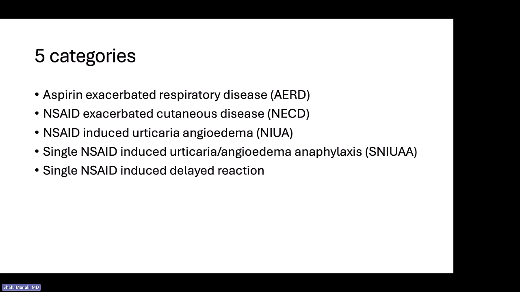The biggest one, of course, is aspirin-exacerbated respiratory disease, but other ones to note: NSAID-exacerbated cutaneous disease, NSAID-induced urticaria, angioedema, single NSAID-induced urticaria, angioedema, anaphylaxis, and then single NSAID-induced delayed reaction. So the first 4 are going to be the acute hypersensitivity, and then of course the last one, like in its name, is the delayed hypersensitivity reaction.